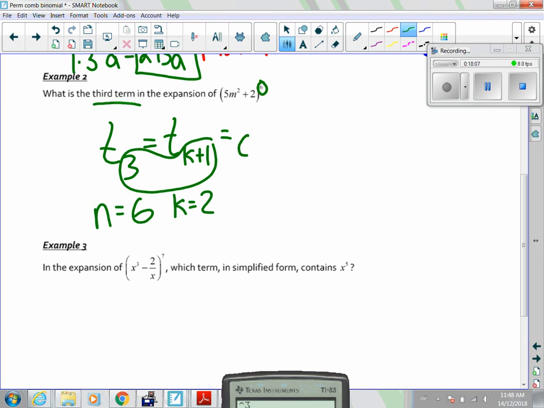So now this is going to be 6C2 times my a value to the 6 minus 2 and my b value to the k. So a, which is that whole bracket here, to the 6 minus 2, which is 4, and b, which is this whole thing here, all to the 2.